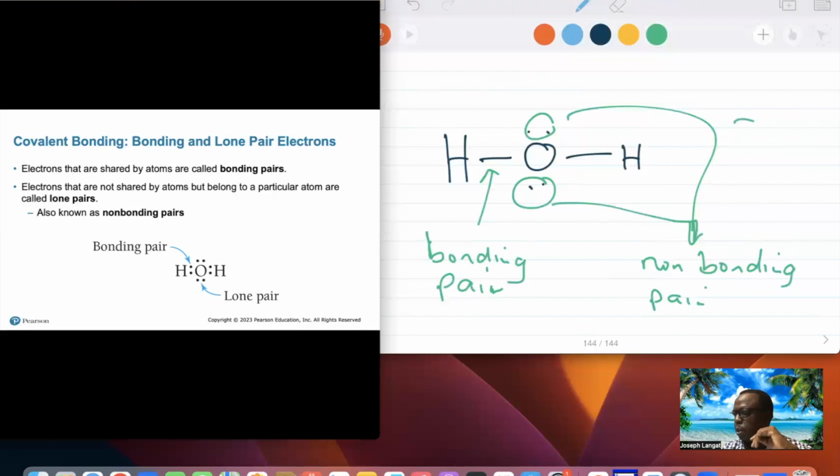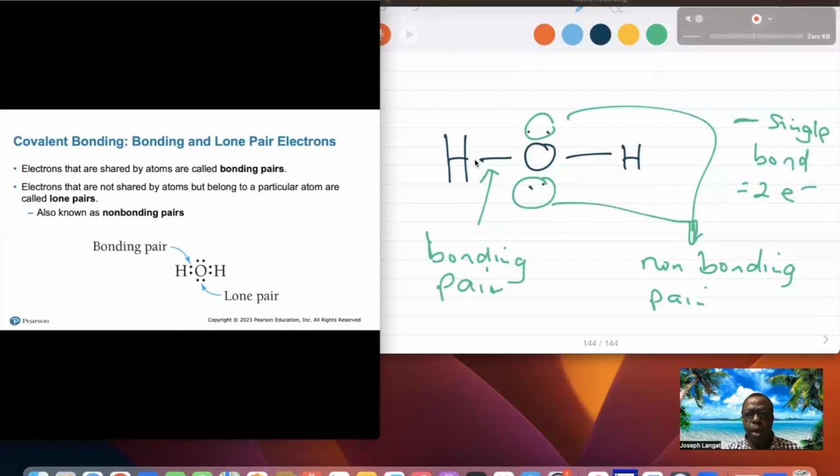This means one line is a single bond, which is 2 electrons, a pair.